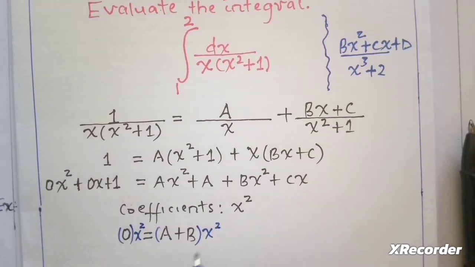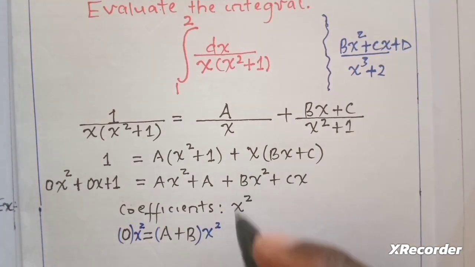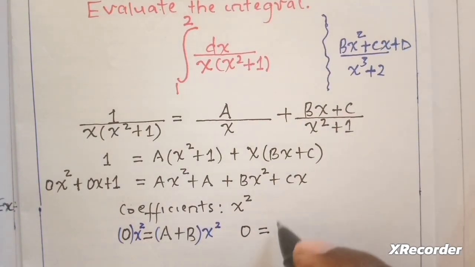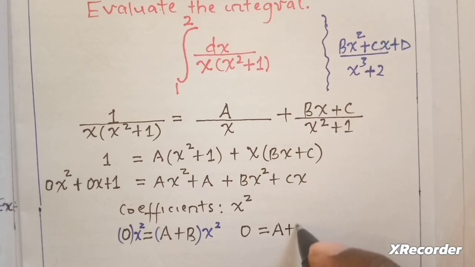So a plus b must be equal to 0, guys. So it's going to be 0 is equal to a plus b.